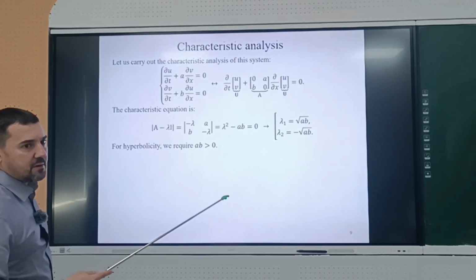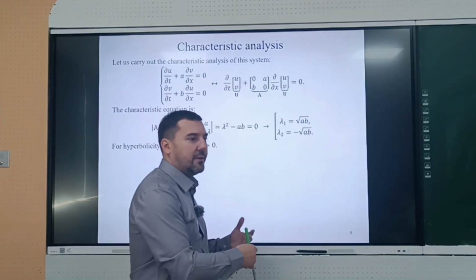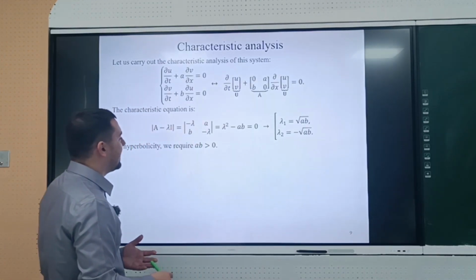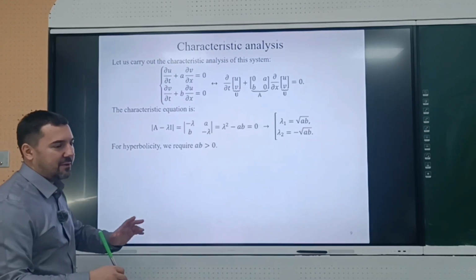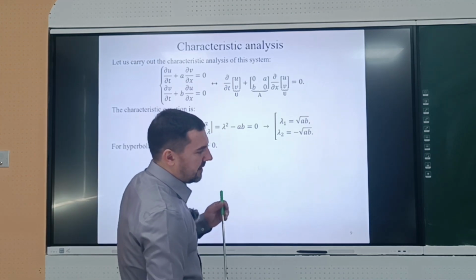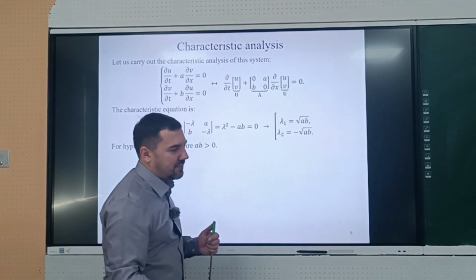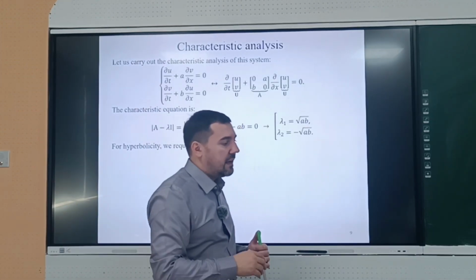Otherwise, the system is not hyperbolic, and so you're unlucky if you have this problem with ab not greater than 0, and all this wave mechanics can be not valid here, and you will get a number of problems. So in practice there are known examples of non-hyperbolic models, especially, for example, two-phase flow models.